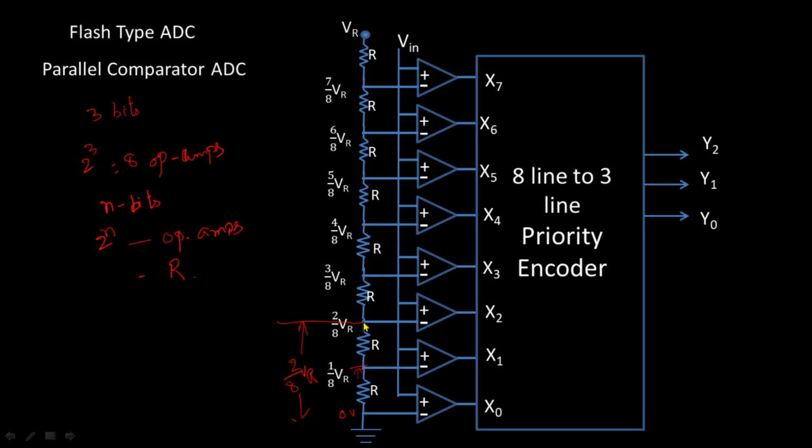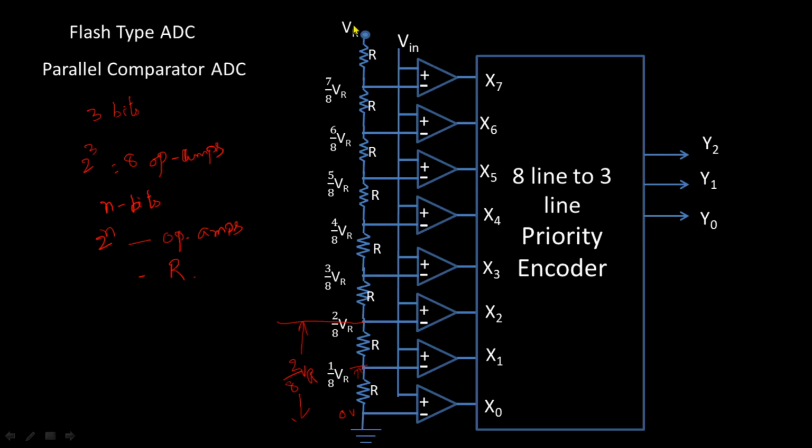From the second resistor to the ground, the voltage drop across each resistor is 1 by 8 VR, so from this node to the ground it is 2 by 8 VR, which is the voltage connected to the negative terminal. Similarly for the other op amps' negative terminals.